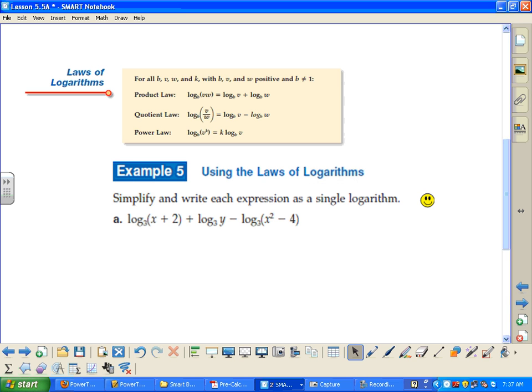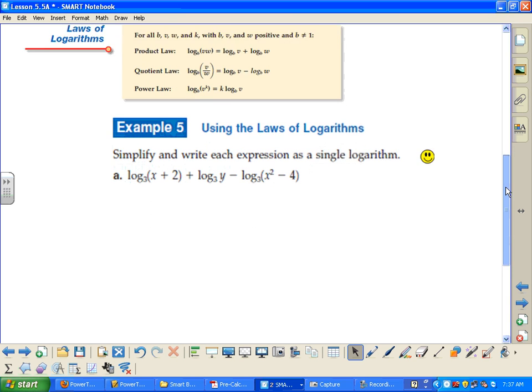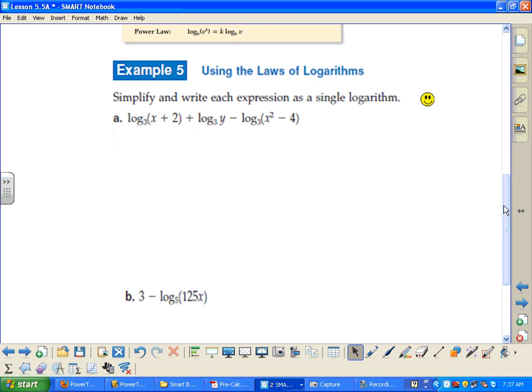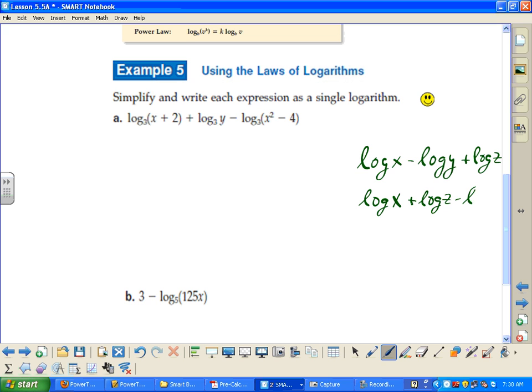Simplify this expression into a single logarithm. So the first thing we always want to do is whenever there's a plus sign, always rewrite it. In other words, if we had a situation where we had the log of x minus the log of y plus the log of z, we would rewrite this as the log of x plus the log of z minus the log of y.